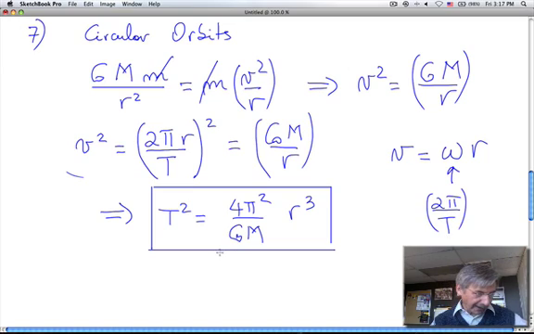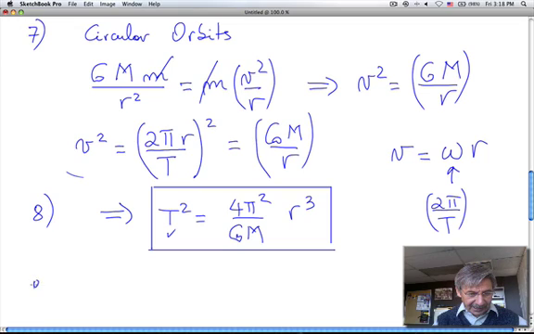If you now want to have two satellites, like in number 8, that are going around Jupiter, they give you the period for one with a certain radius, and then they give you another radius, and then you can calculate the period by taking the ratio between the two expressions.